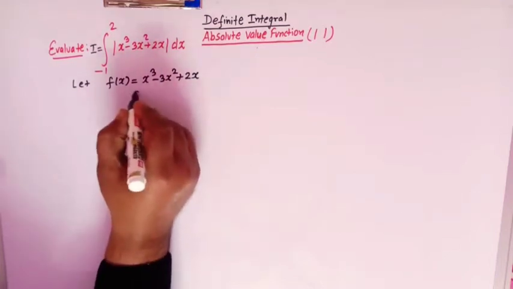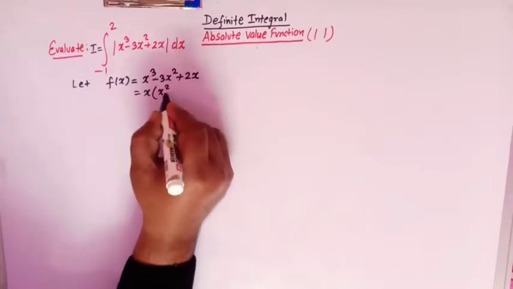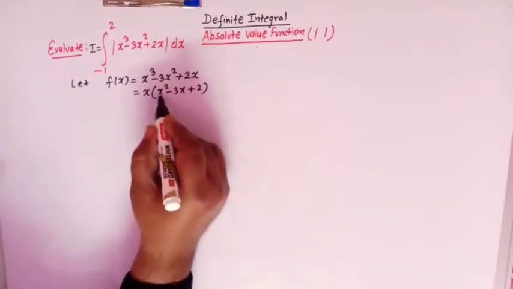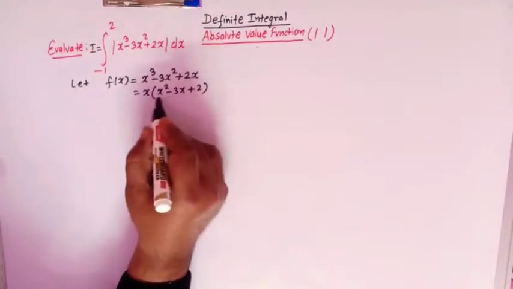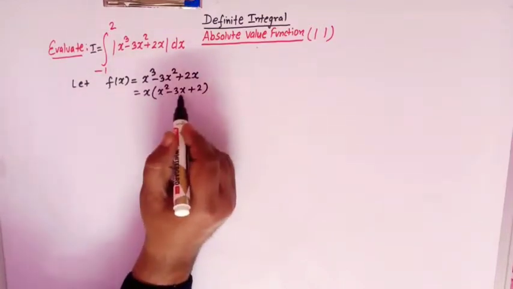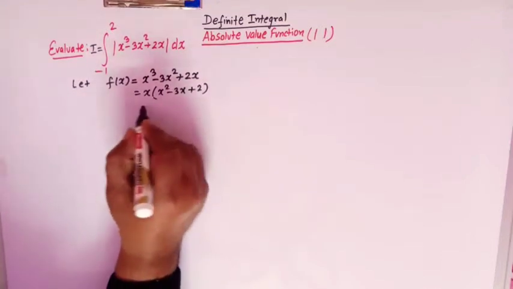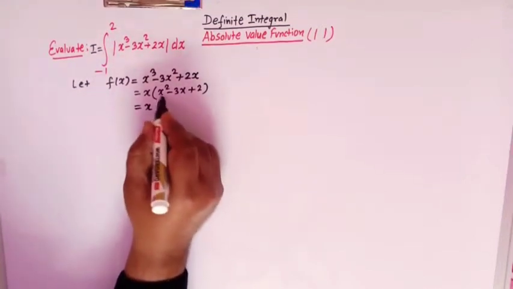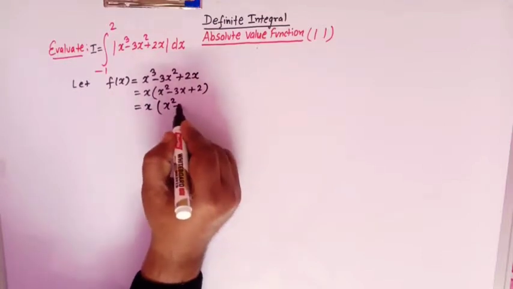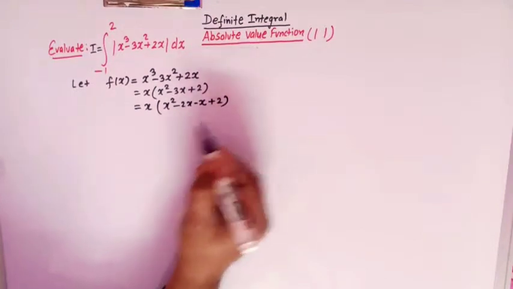We take x common, so we have x square minus 3x plus 2. This is a quadratic polynomial, and we can factorize it by the method of splitting the middle term. We can write this expression as x square minus 2x minus x plus 2.